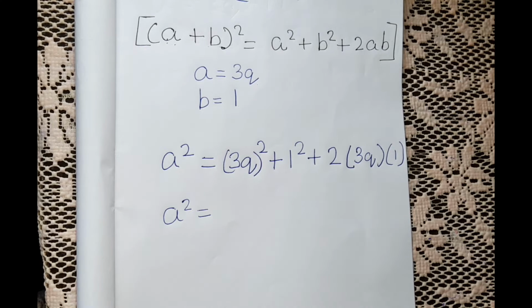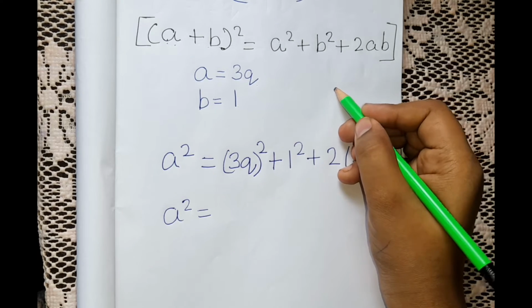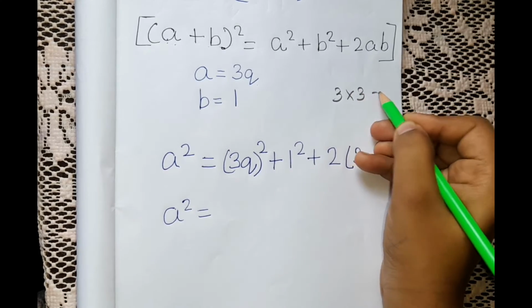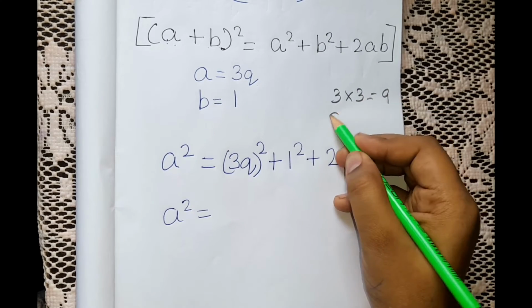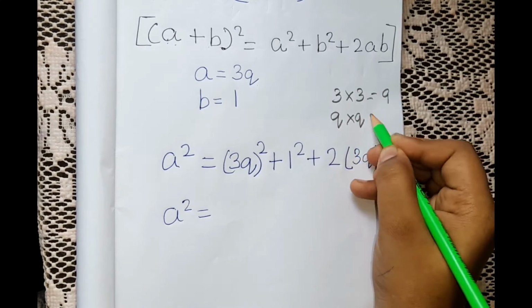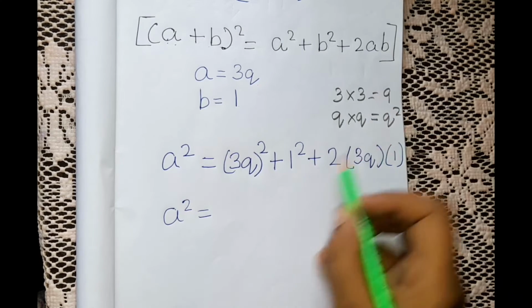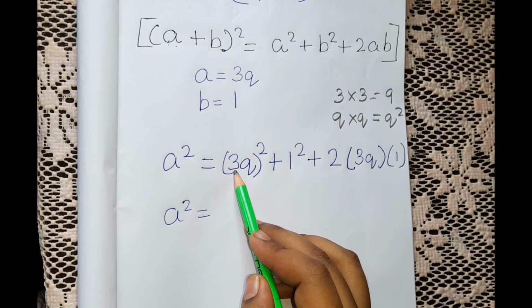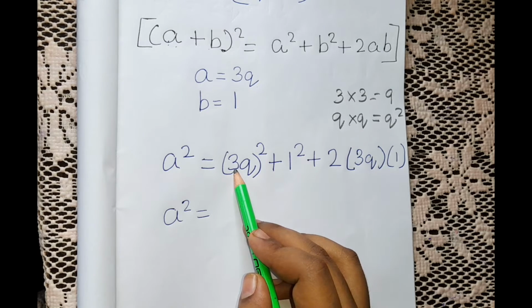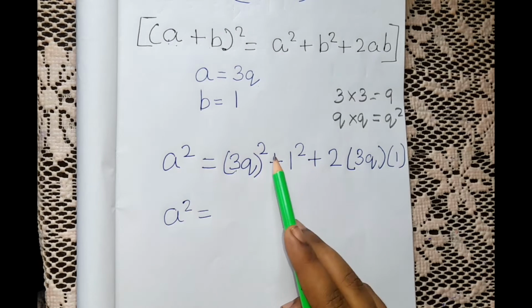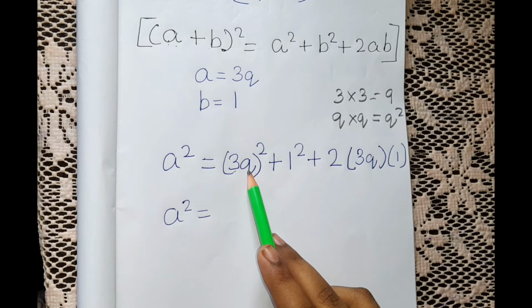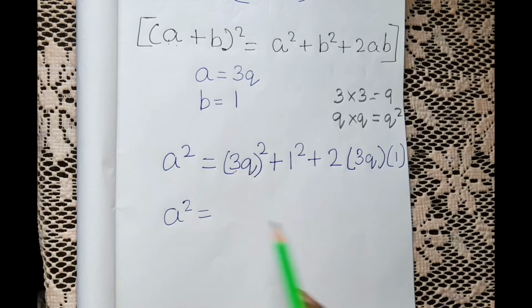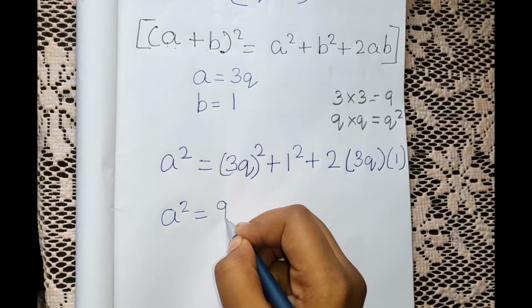So as you know, 3 square means 3 into 3, and 3 into 3 is 9. And the square belongs to q as well, that means it is q square. Q square means q into q. So let's write 9q square.